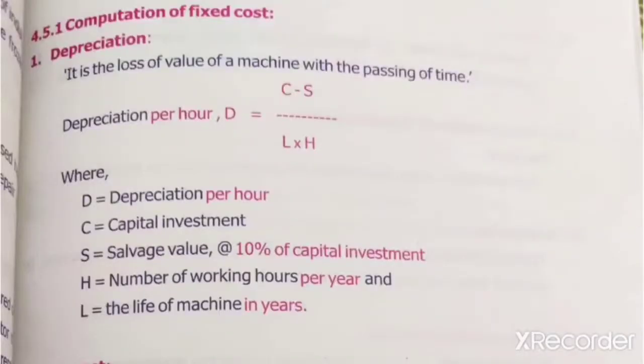Under the fixed cost, there is first cost, that is depreciation. It is the loss of value of a machine with the passing of time, or it is the reduction in the value of the machine with the passage of time. In the usual situation with the field machine being operated only a few days in a year, obsolescence is the most important factor affecting depreciation.